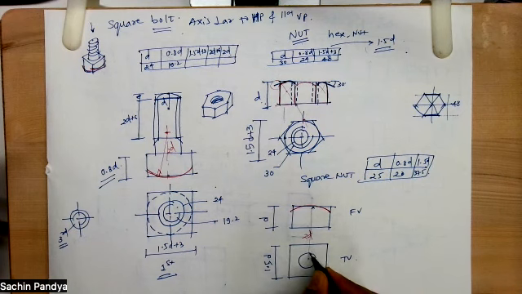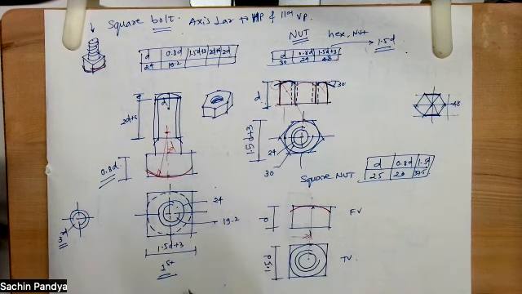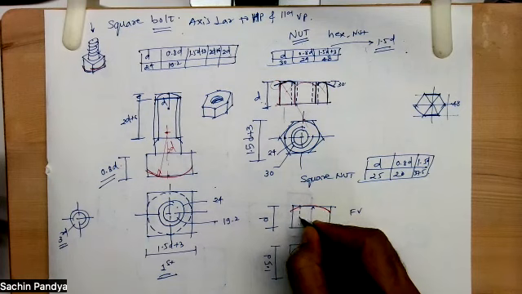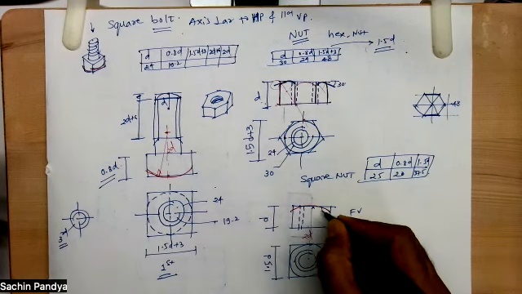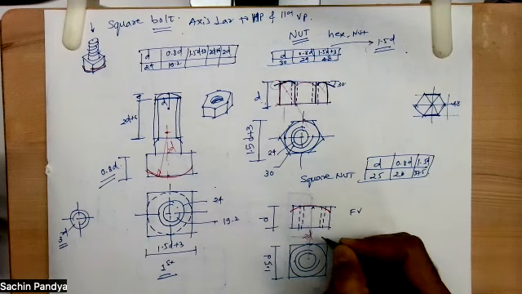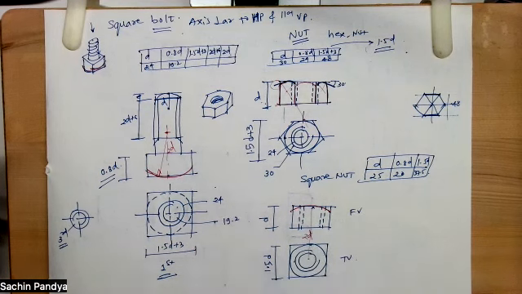Inner circle will be dark. Outer one will be 3/4 because it's an internal threading. And chamfering circle. In this, there is no question of 30-30 degree. This you extend, dotted. You'll have 4 dotted lines. Got it? So this is how you will draw square nut.